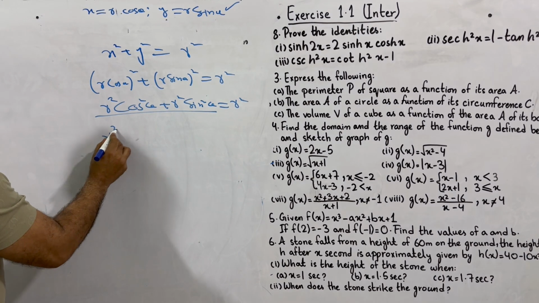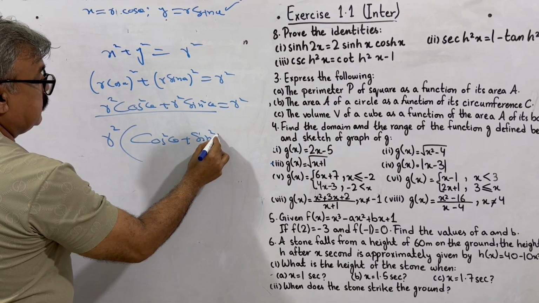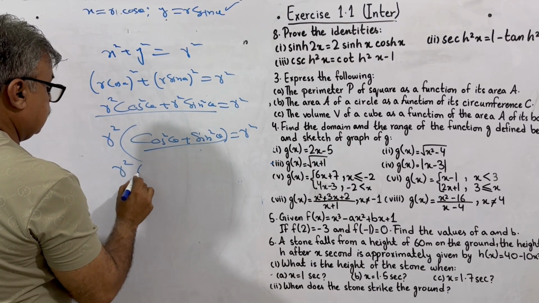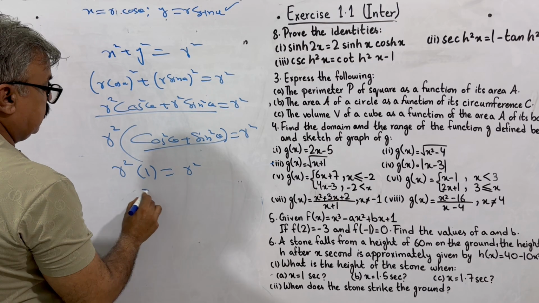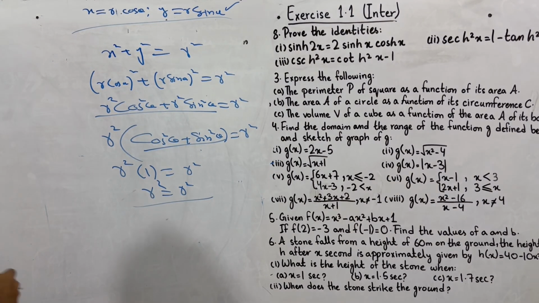Taking r square common, I have cos square theta plus sin square theta is equal to r square. We are familiar, it is called unity. r square times 1 is equal to r square. Yes, these are the parametric equations of circle having center at origin and radius equal to r.